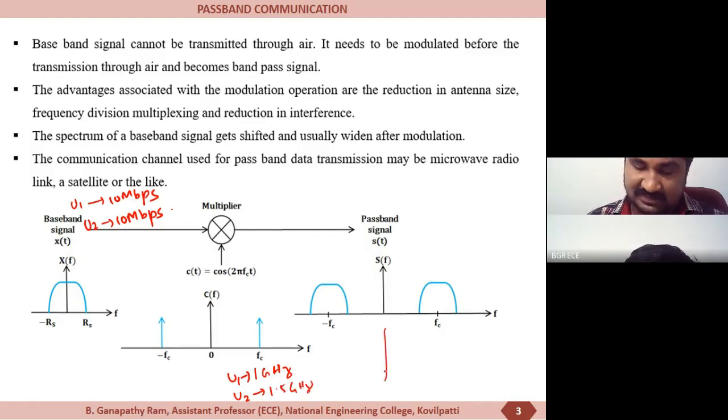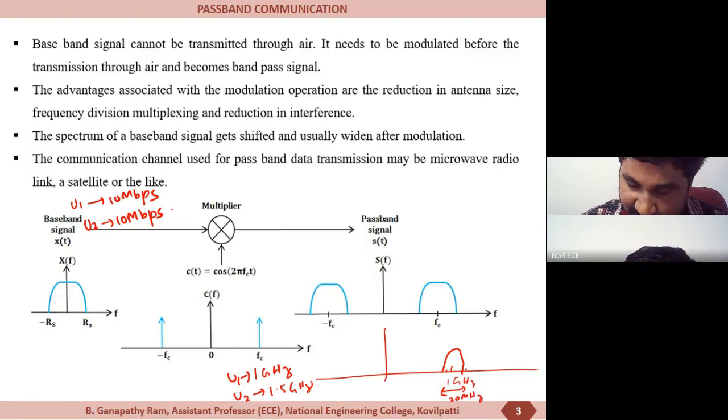then the spectrum will be at 1 gigahertz, the user will transmit 20 megahertz, that is 1.02. Here it is minus 0.98. Sorry, this is 1.01, this is minus 0.98.